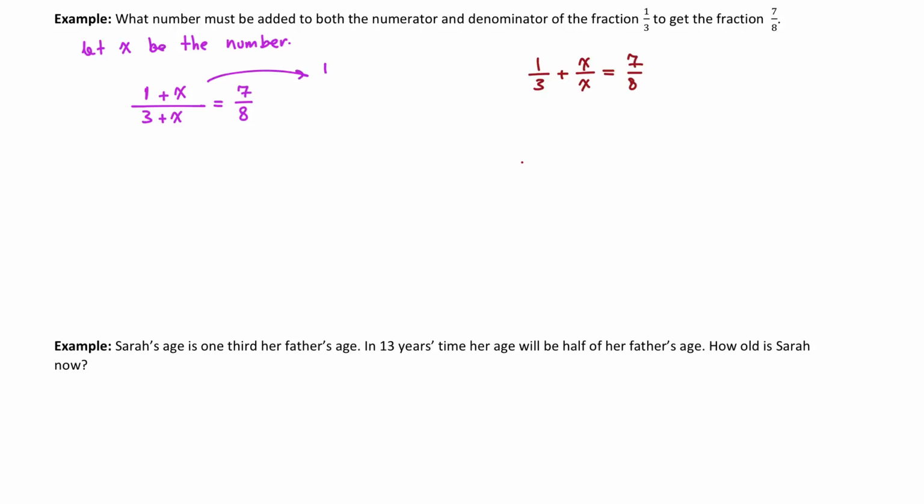It will be 1 over 3 plus x, plus x over 3 plus x. Because if you pay attention, here I have 3 plus x, which is the common denominator, and if I have common denominators, I would add the numerators. So the common denominator is 3 plus x, and the numerator is 1 plus x. So these two are equivalent.